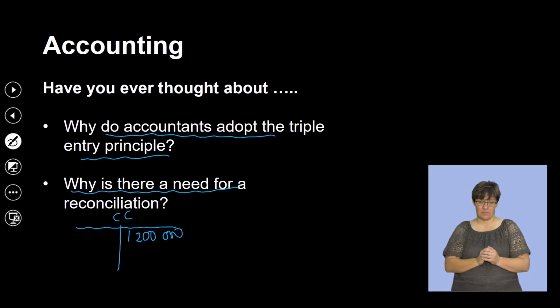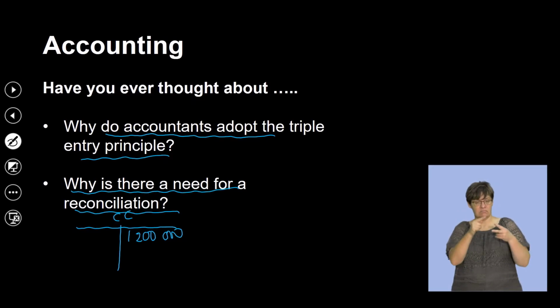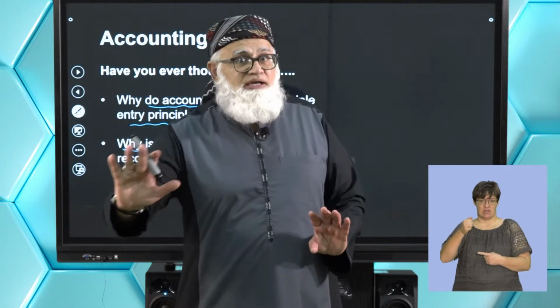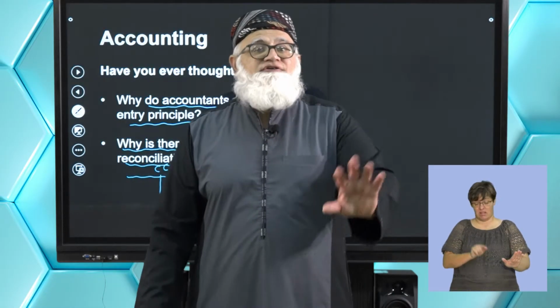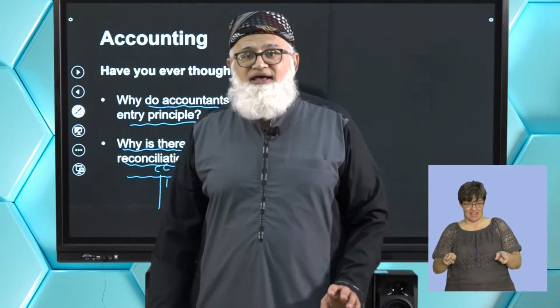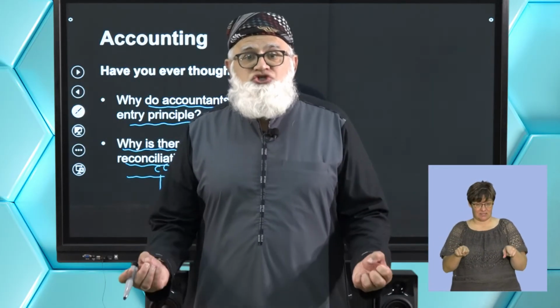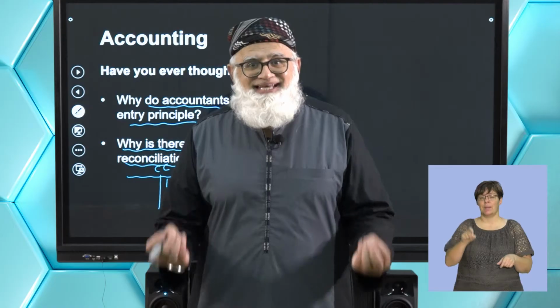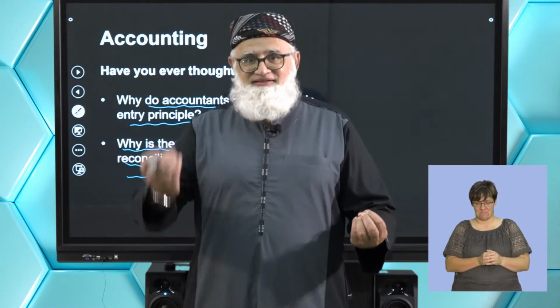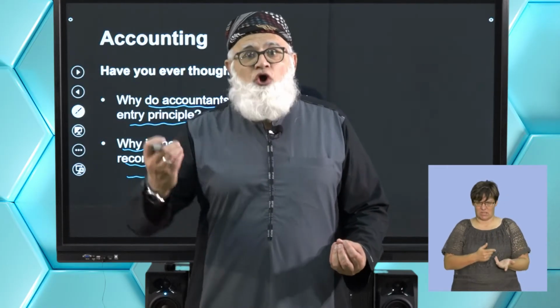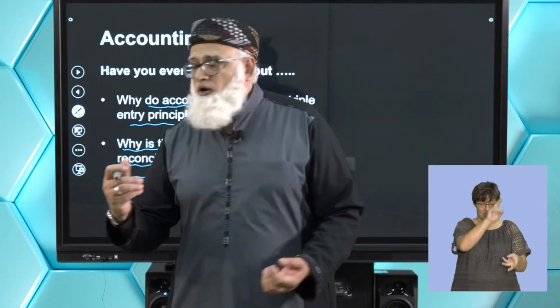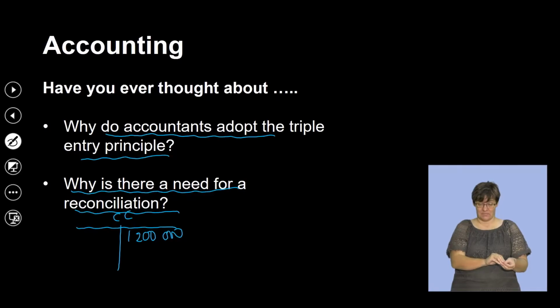And therefore, you will notice that because you are dealing with two different ledgers, the general ledger on the one hand and the creditors ledger on the other hand, these two have to be the same. That means the total in your creditors control account, in the example we used, was 1,200,000.